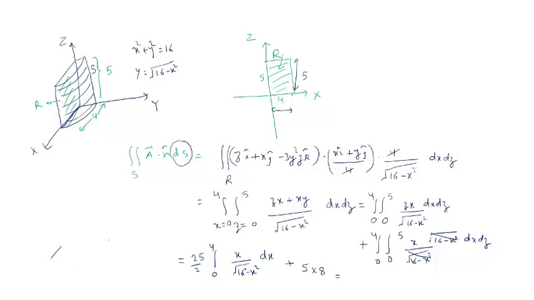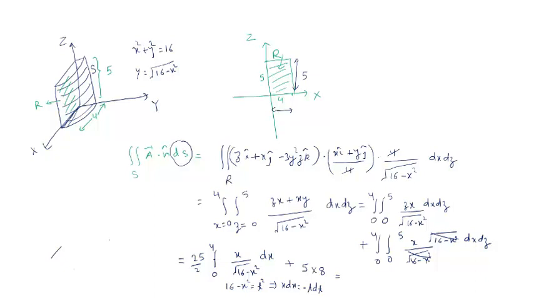And for this part, if we substitute 16 minus x square equal to t square, we will get x dx equal to minus t dt, and t here also t will get cancelled, so we will get minus dt only, and the limit of t will be from 4 to 0.